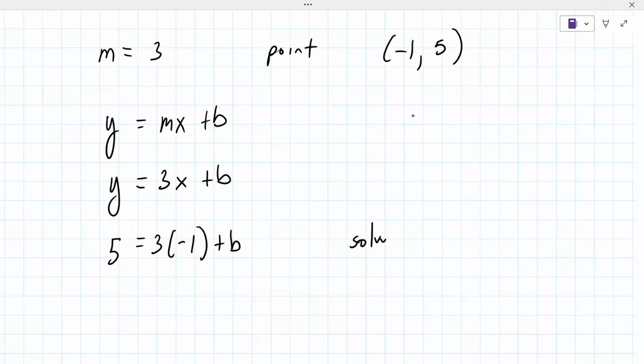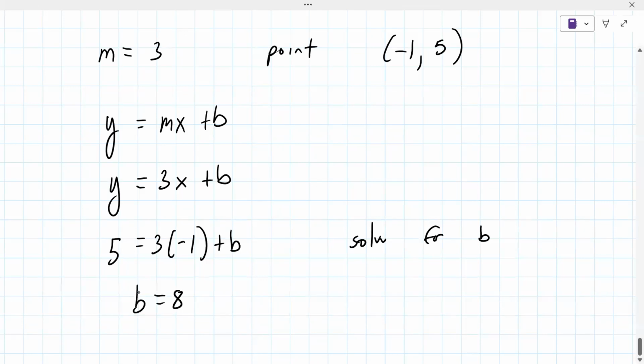Could you solve this for b for us, please? Sure. b equals 8.